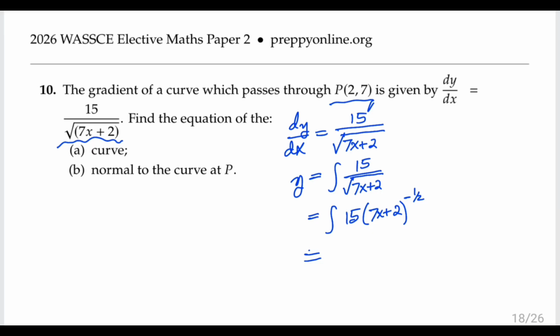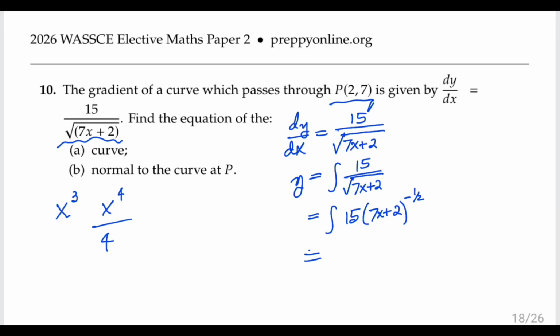If we have some quantity, so let's say you had x and x to the power 3, and you wanted to integrate, then you just use the rules of integrating polynomials. You increase the power of x by 1 and you divide by the new power.